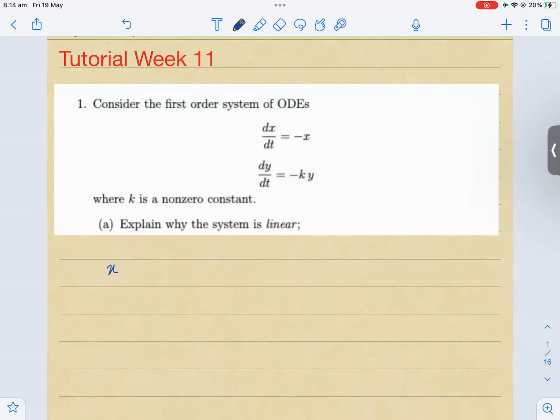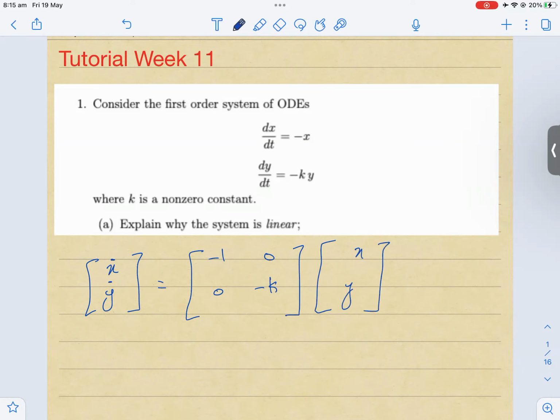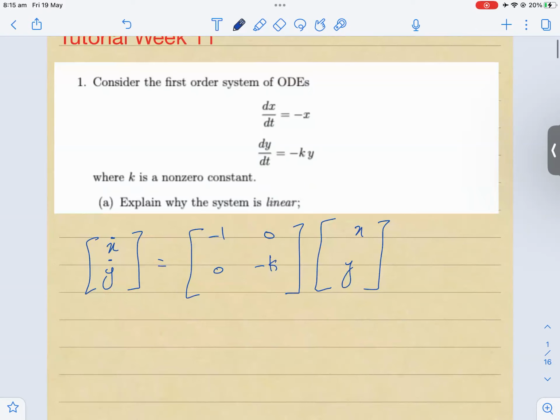First of all, we see x dot, which means the derivative of x in terms of time, and y dot as well, and this means the matrix [-1, 0; 0, -k]. We call this one A times (x, y).